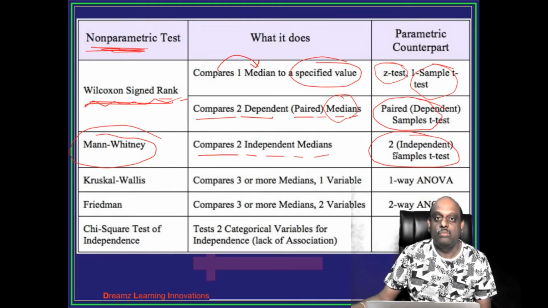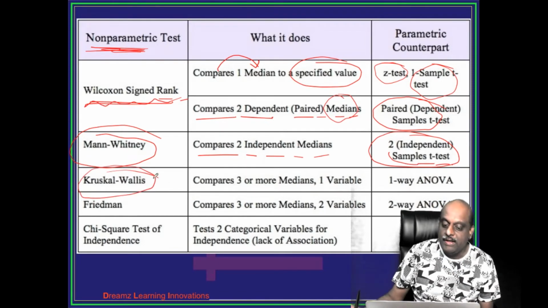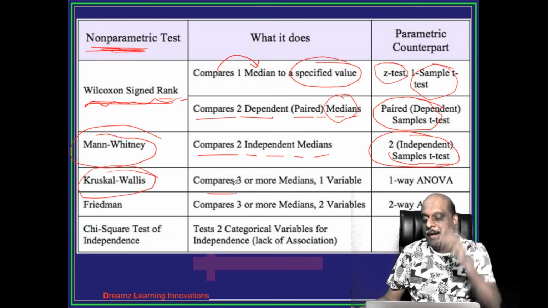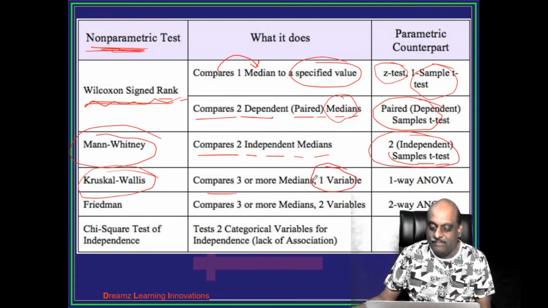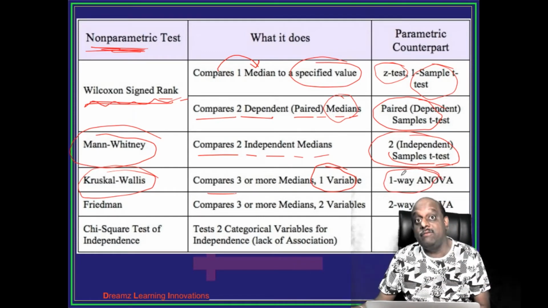The 2 sample t-test is the parametric counterpart. Kruskal-Wallis compares 3 or more medians and 1 variable. The parametric counterpart is one-way ANOVA.